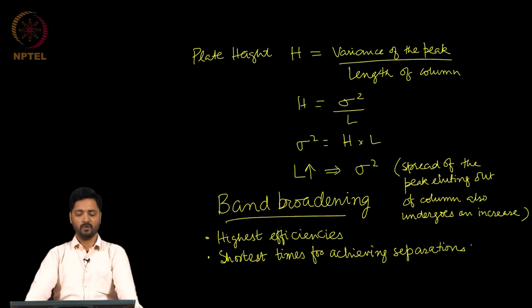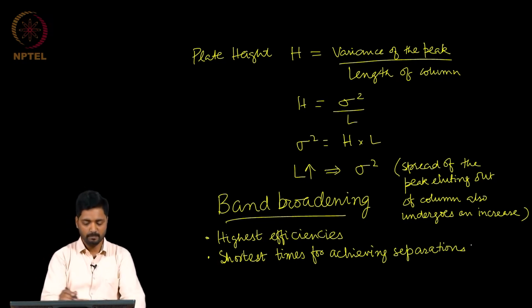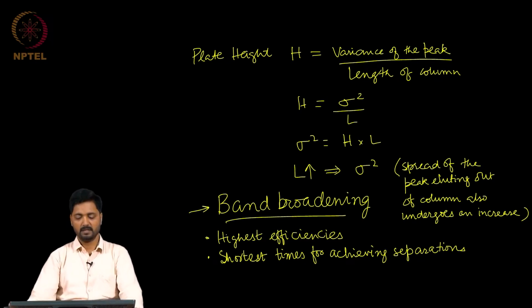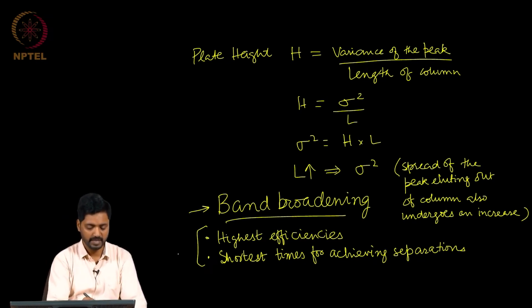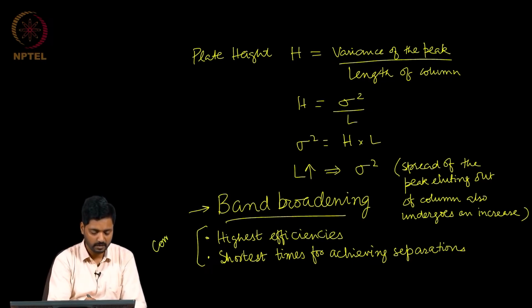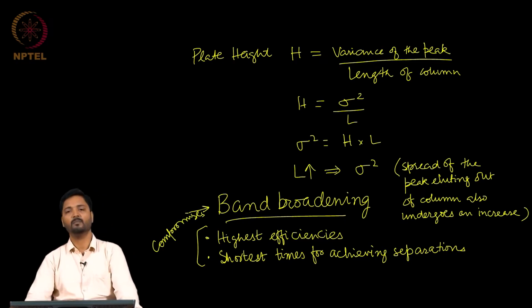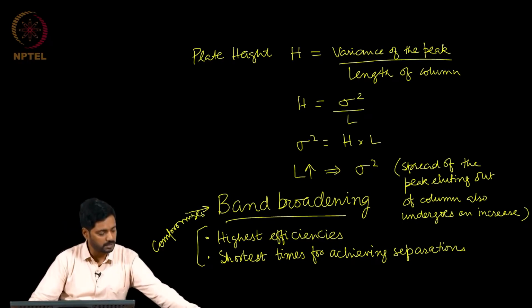And as we have already seen, band broadening results in compromising both of these aspects. So, band broadening compromises both the efficiency and the time that it requires for elution.